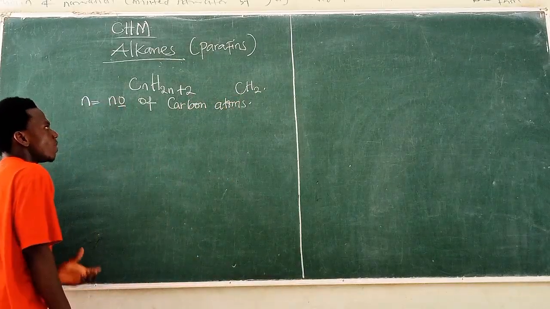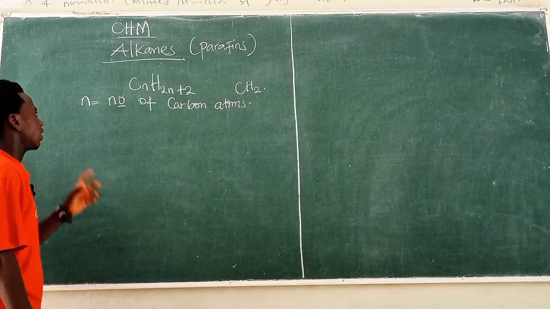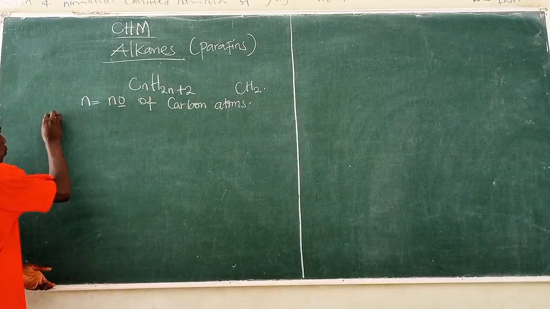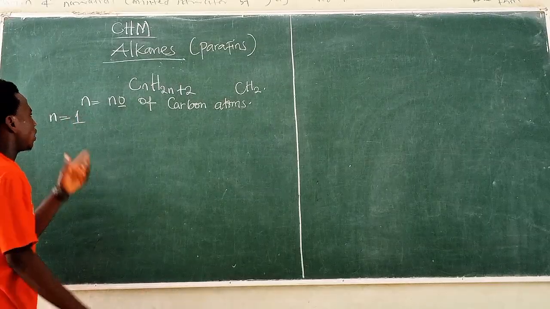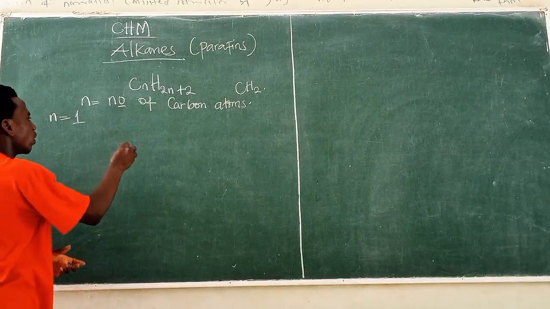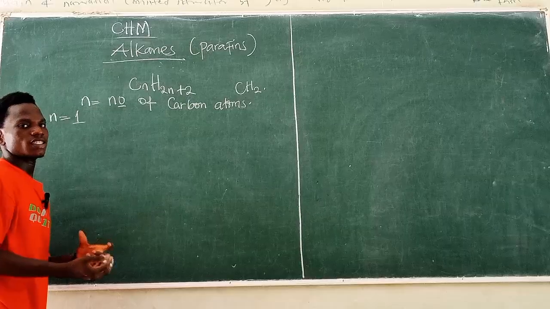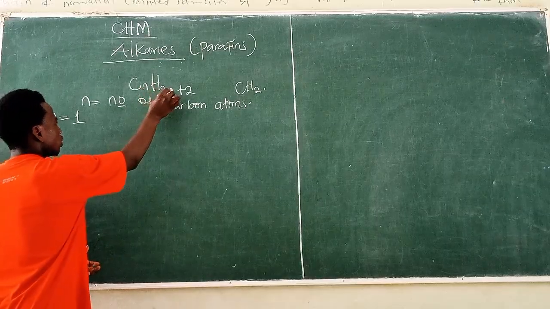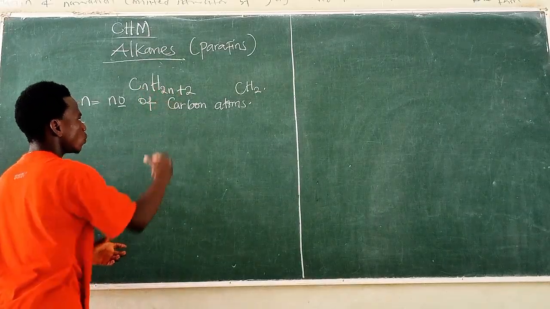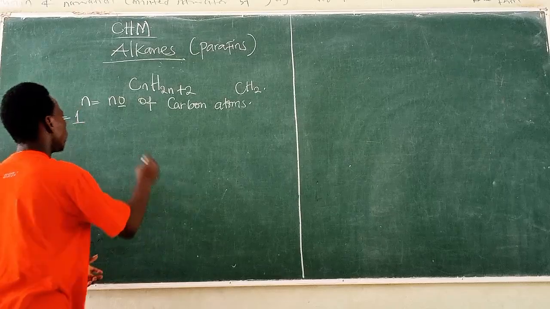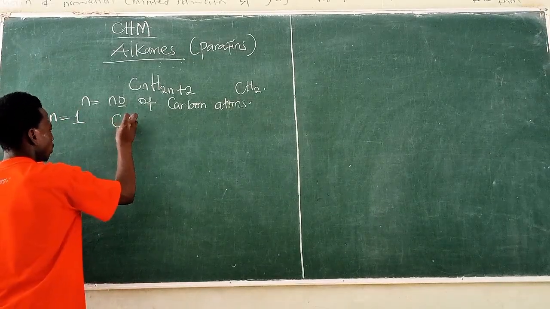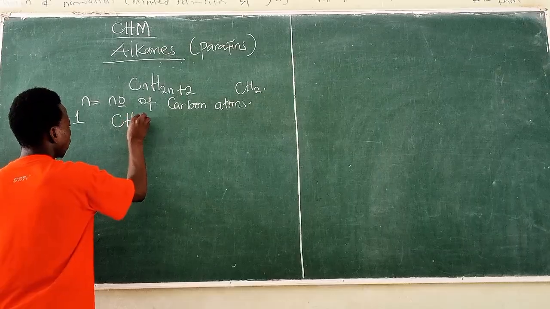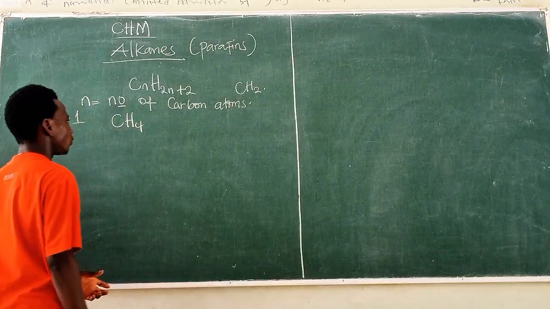For the first member of the alkanes, our n will be equal to 1. By inputting 1 in the formula, we will have C1, which is the same as C, H2 times 1, which is 2, plus 2, which is 4. So the first member of the alkanes has the molecular formula CH4.